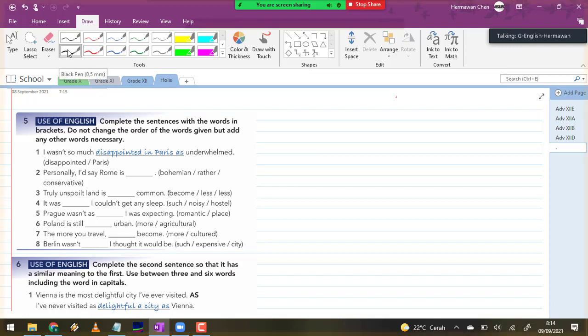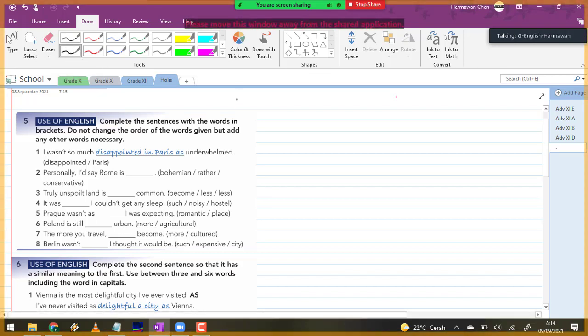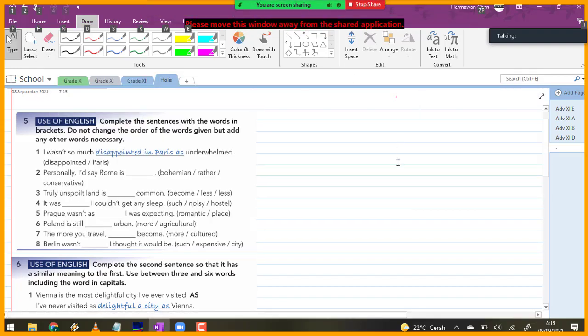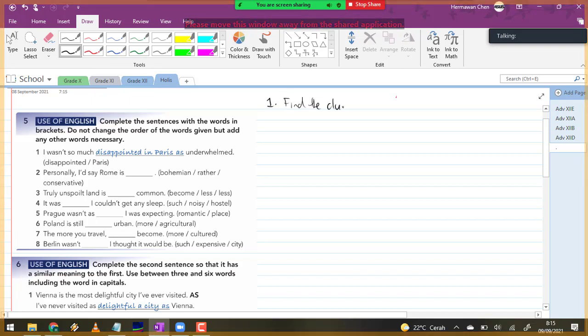Okay guys, this is the exercise on page 68, part 5 and 6. Okay, the very first thing that you have to do is to find the clue from the question.